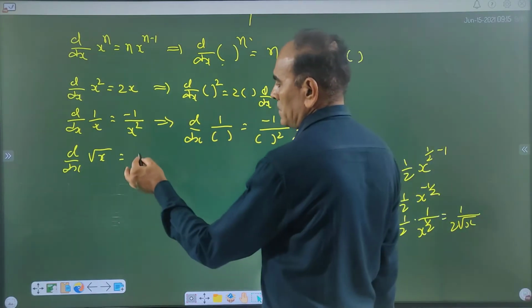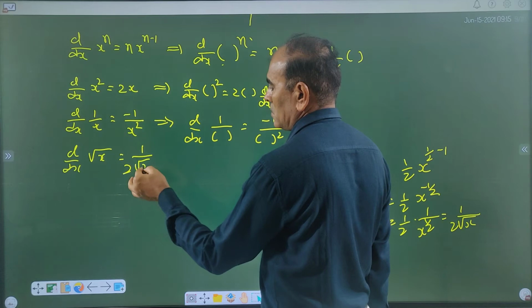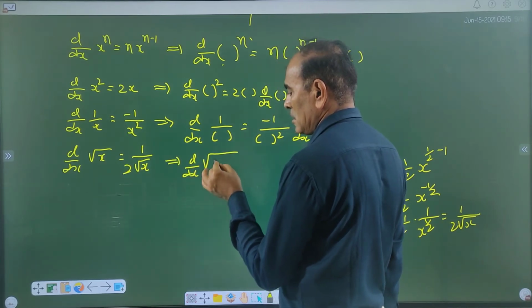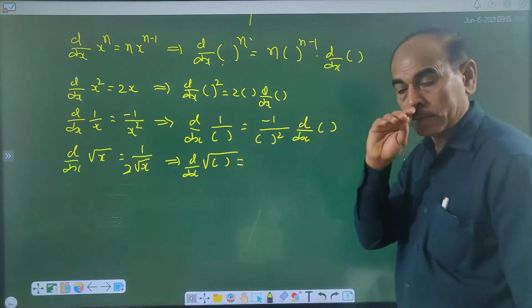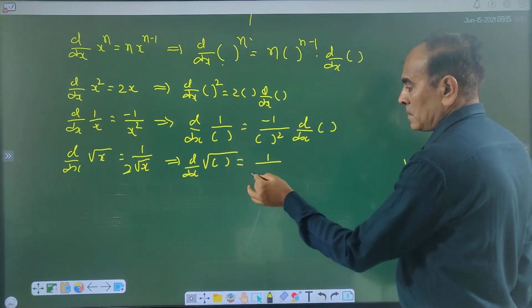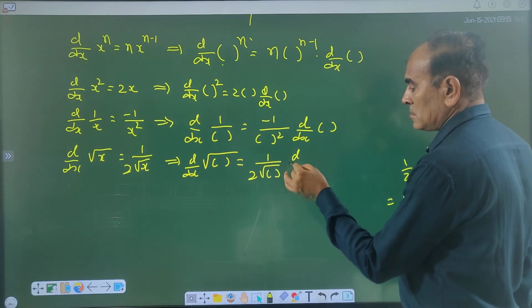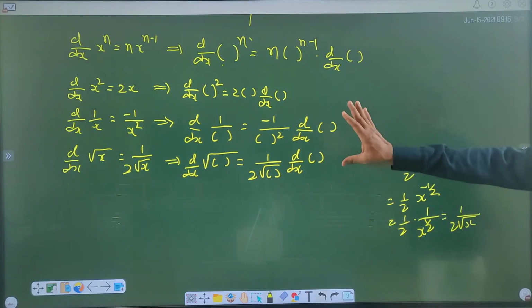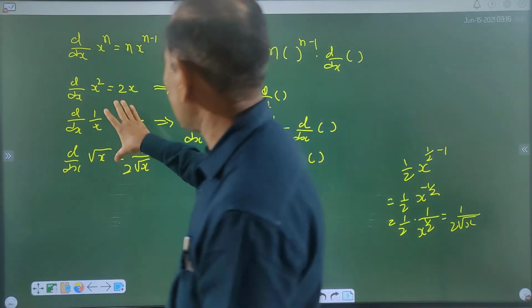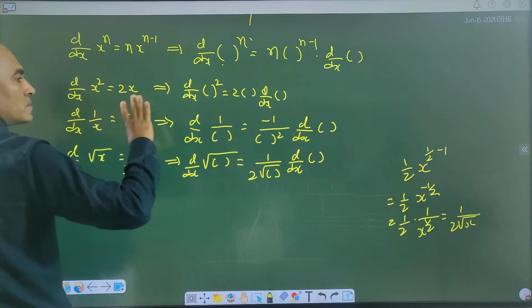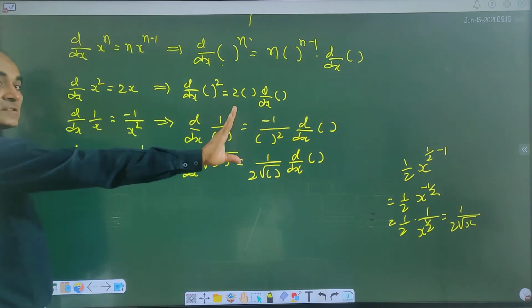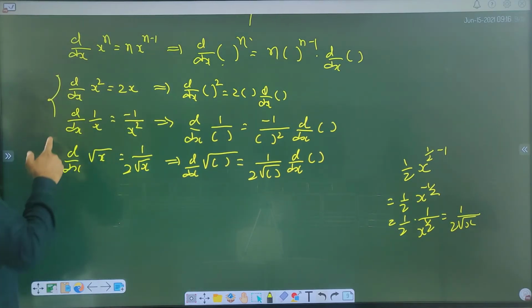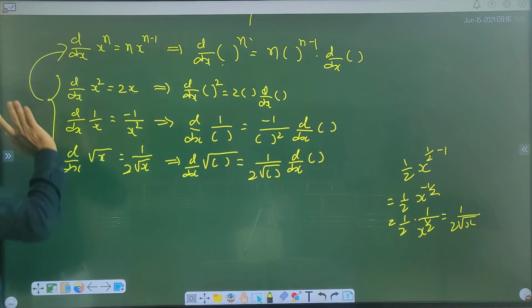So the derivative of root of some function is equal to 1 over 2 root function into d by dx of some function. So these are the three algebraic forms that we are going to use as far as the problem section is concerned. And these three forms are derived from this one.